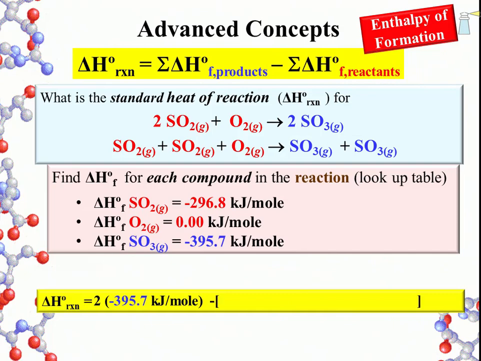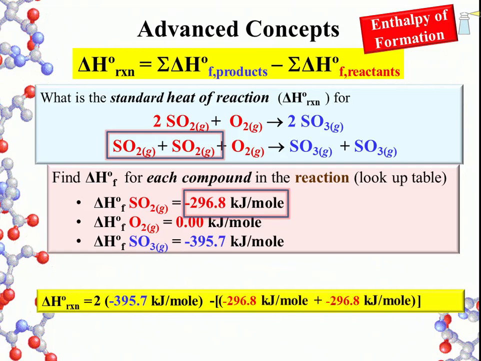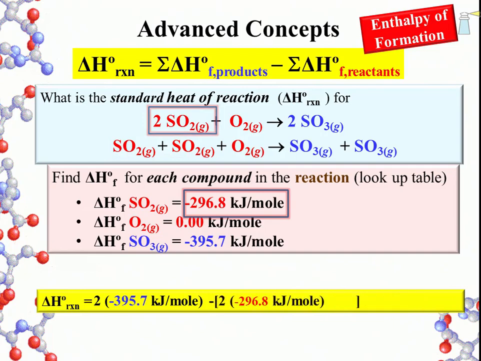And this summation begins with the sulfur dioxides. We need 2 of this delta H°f. These can be added individually, like this, or returning to the original equation, use the coefficient as a multiplier. Same thing, simpler equation.